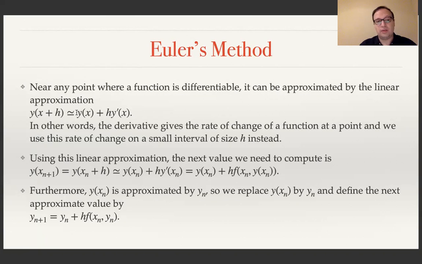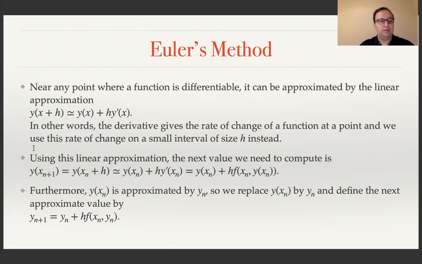So we can use this formula for small values of h to approximate the function at the point x plus h, by knowing its value at the point x and the value of its derivative at the point x.